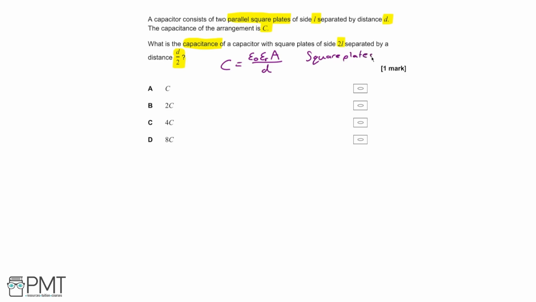So in this case, because we have square plates of side L, their area is equal to L squared, because we just have an arrangement that looks like this. So therefore we can rewrite our equation for the capacitance C as epsilon naught epsilon r multiplied by L squared divided by D. So note here that if the area increases, then so too does the capacitance.